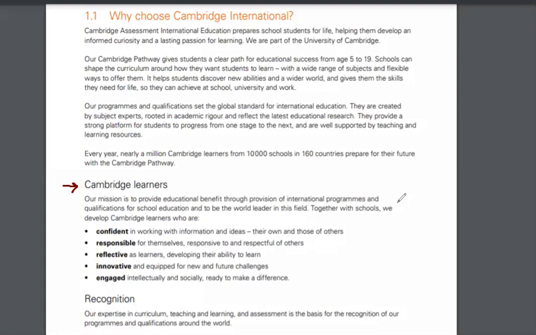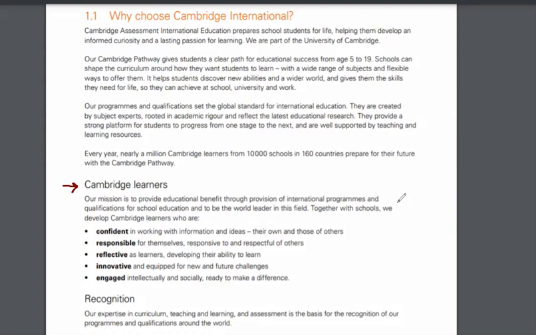Reflective basically means that the student should have strong thinking and reflecting skills. Whatever topic is given to you, you should have strong skills to think over it, to ponder over it, and to write whatever piece of writing is required of you.